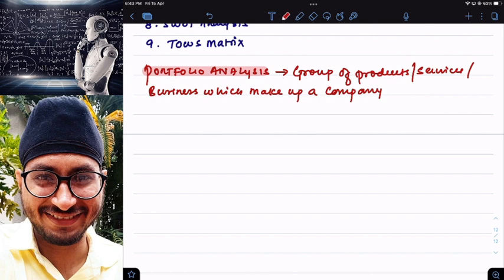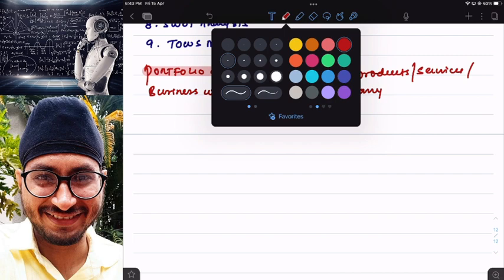If there is some technical issue, unable to share the photo, I'll just write here. Let us say, for example, Tata Group. Clear? Let us take an example of Tata Group.